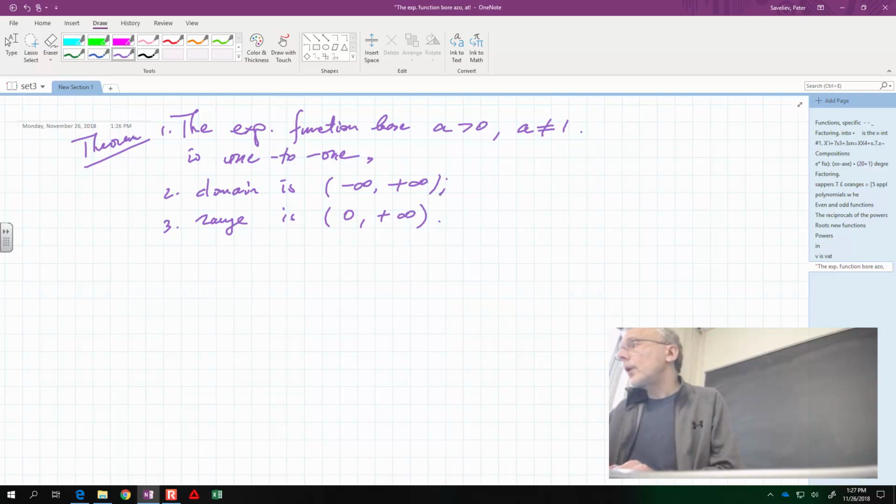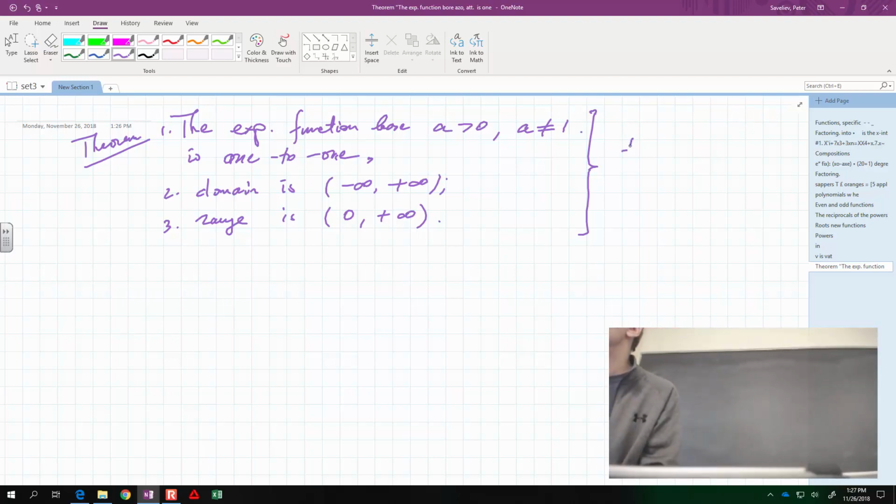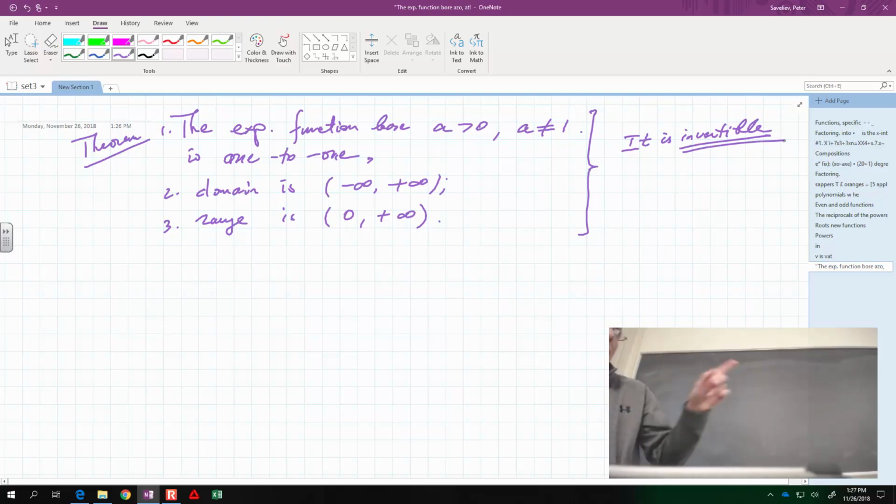Okay, so certainly you can guess why we care about one-to-one. Almost every time it comes up, it means that we'll be talking about the inverse. So it is invertible, and from facts number 2 and number 3 you can already tell what that new function will look like.